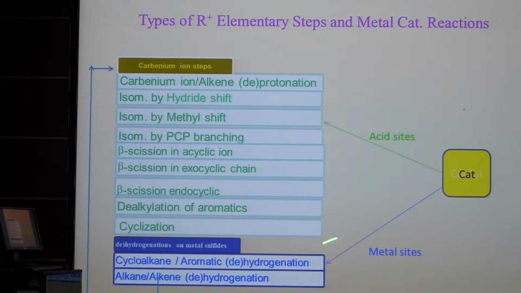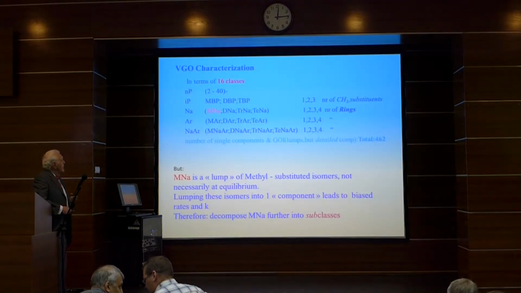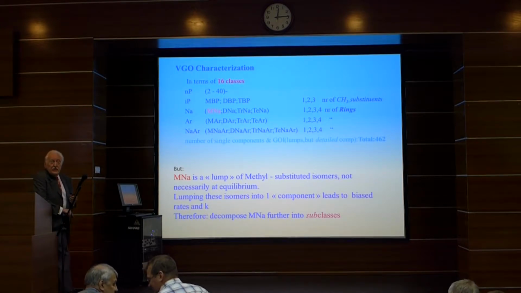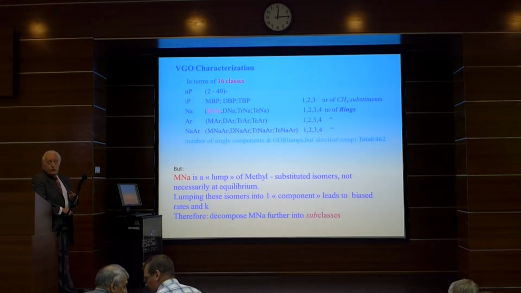Why? Because you need to generate on the metal side, by dehydrogenation or alkane hydrogenation, the components that enter into these acid site steps. And if we want to go into that detail, in the very first place, the question is, to what detail do we need to analyze the VGO?